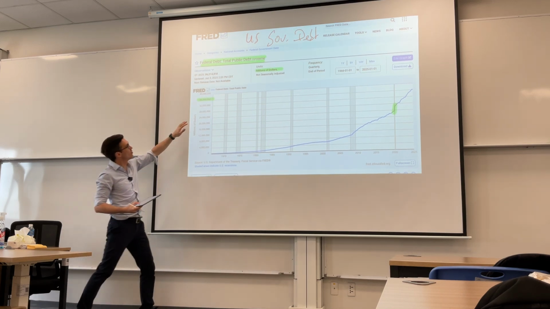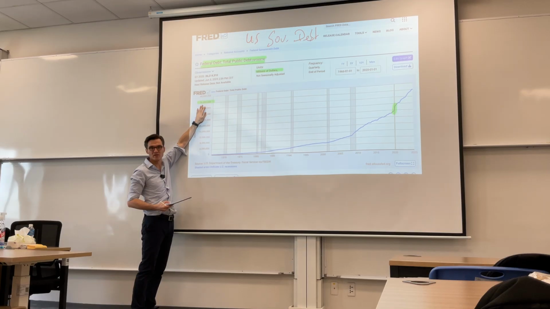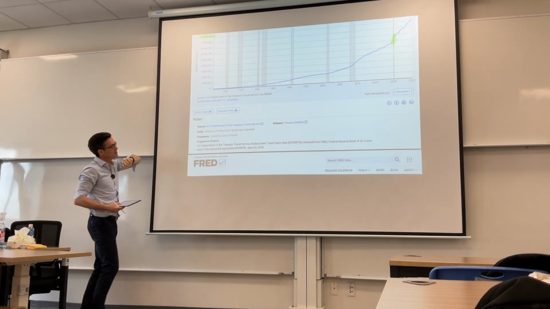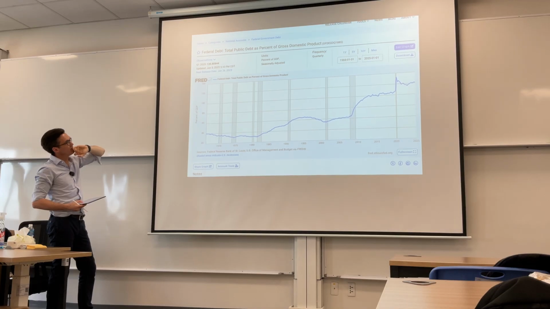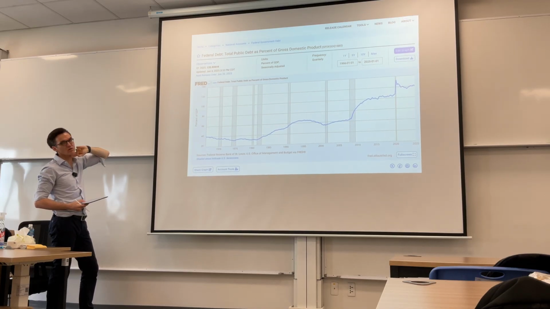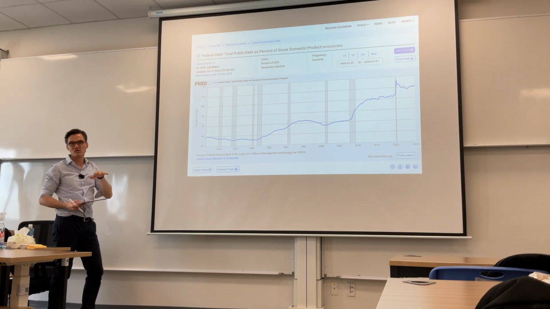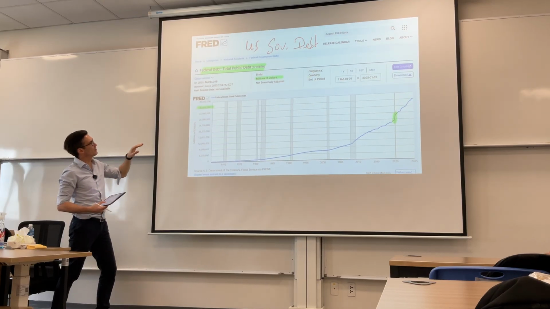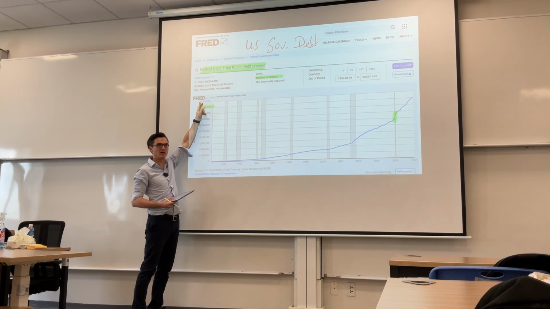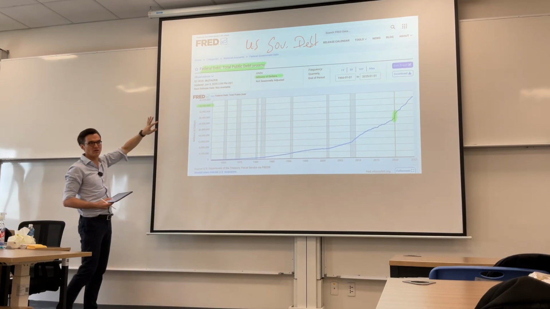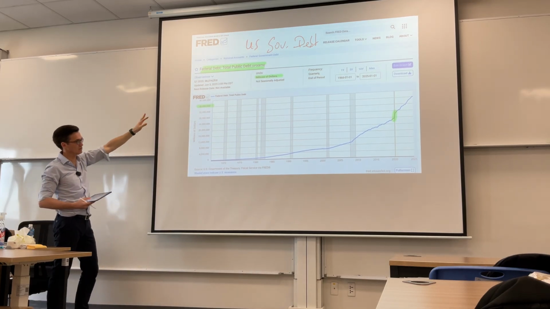Now, this is in nominal terms, in trillions of US dollars. You can also express this as a fraction of GDP. By the way, let me ask you, have you ever worked with Fred? Do you know what Fred is? Yeah? Okay, good. So you go to this website and you can get all the data and plot it, and these are just taken from Fred.